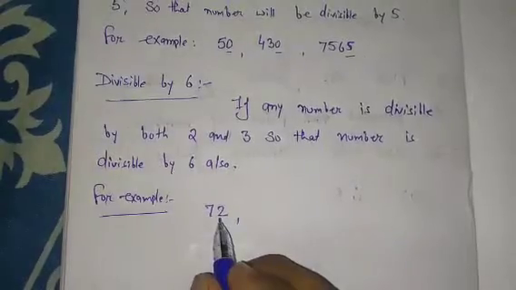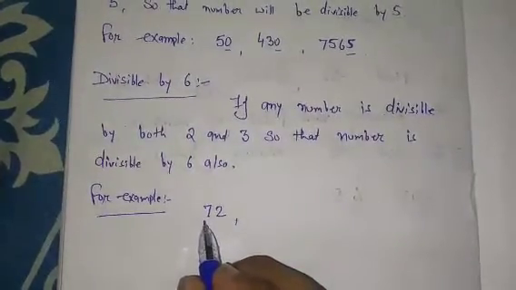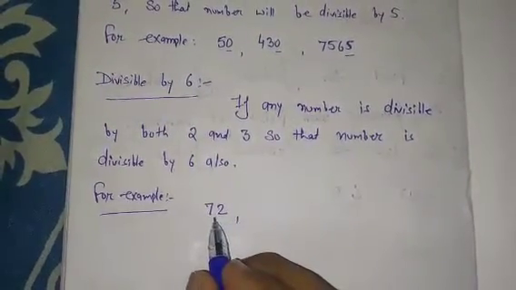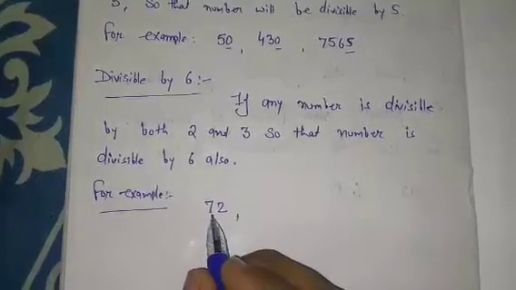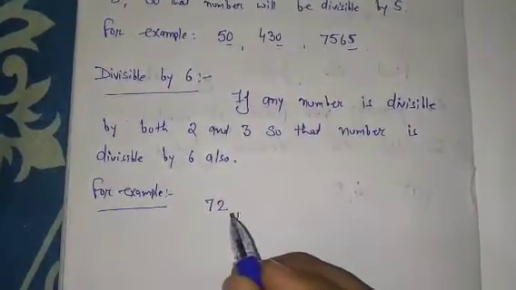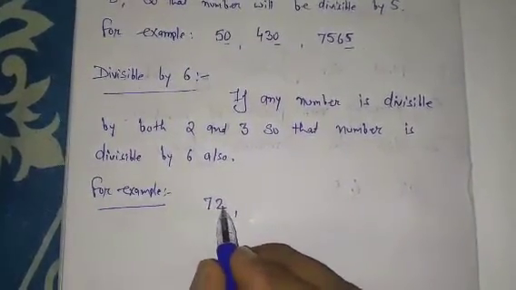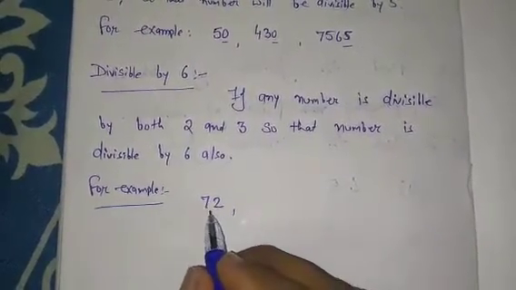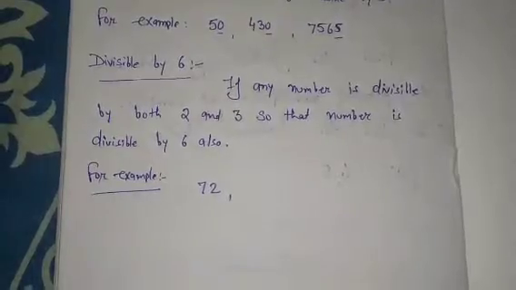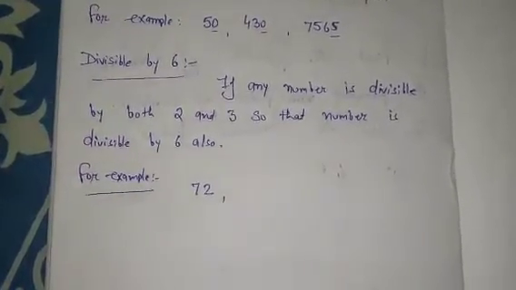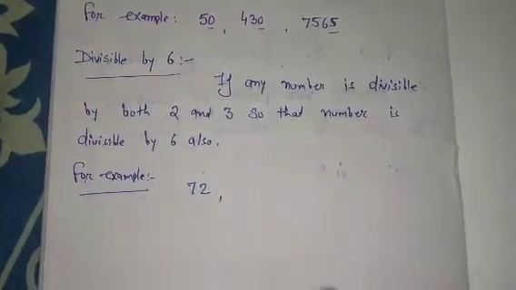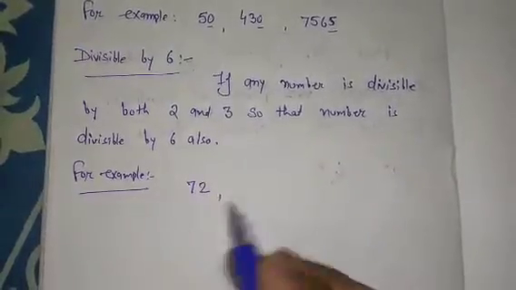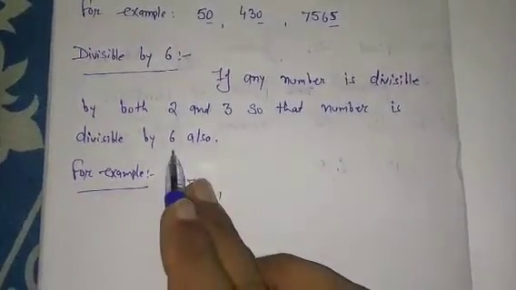I told you yesterday, if the sum of the digits is divisible by 3, that number will be divisible by 3 also. So 7 plus 2 is equal to 9. 9 is divisible by 3, so 72 is also divisible by 3. It means 72 is divisible by 2 and 3 both, so 72 will also be divisible by 6.